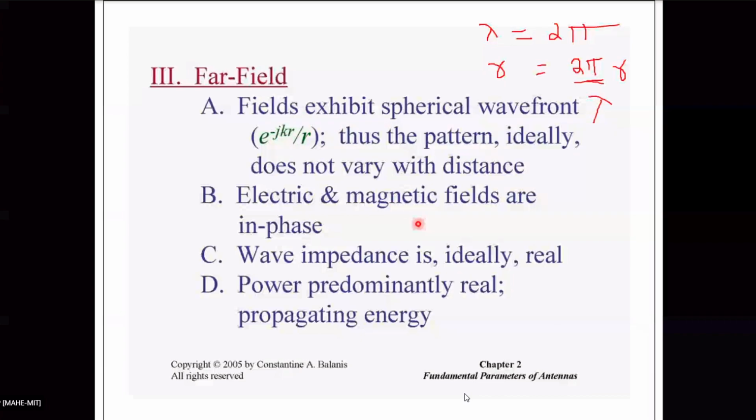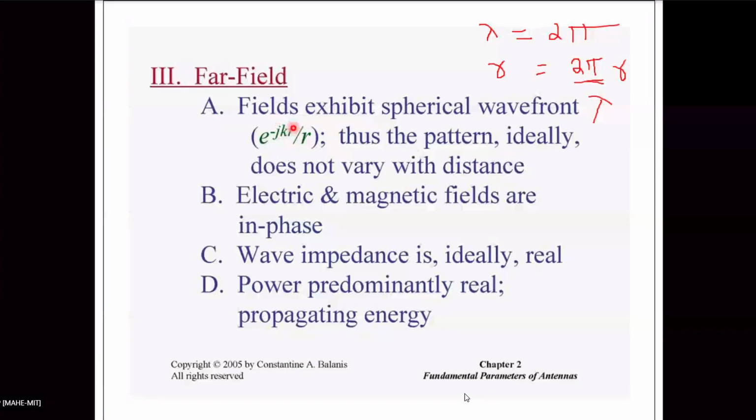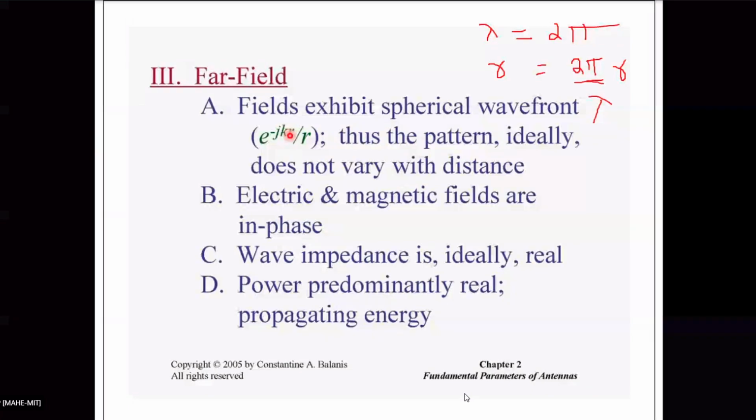That means electric field amplitude is inversely proportional to the distance. So r is in the denominator, and e to the power of minus jkr is the phase change due to that distance. The wave has to travel that distance. Okay, so field exhibits spherical wavefront. I hope all of you understood what is spherical wavefront.